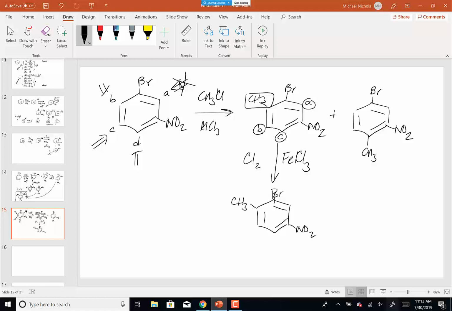And so how does it direct? Ortho and para, so it directs to B, and then it's trying to direct para to itself, but there's a group there, so I can't add the chlorine to that group, so that means the chlorine goes to B. Okay, so if there's a group there, you cannot add to it.